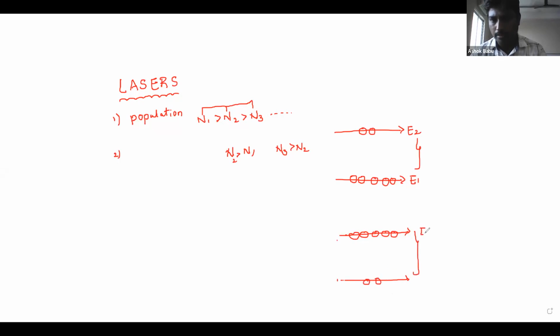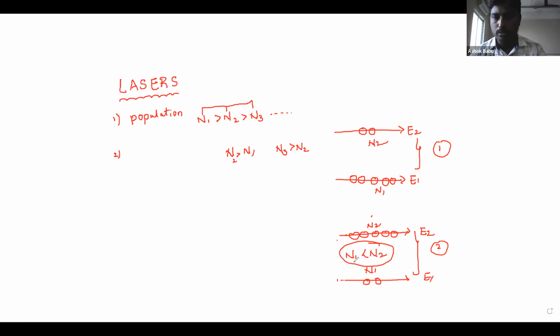With the same energy levels E2 and E1, the first diagram represents the usual occupation and the second represents population inversion. Here N1 is greater than N2, and here N1 is less than N2, which is population inversion.